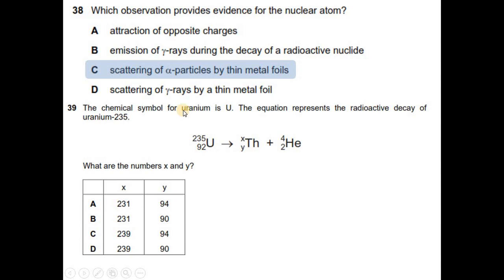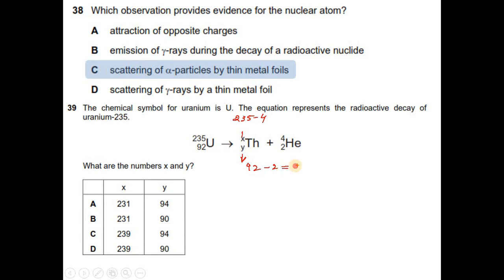39. The chemical symbol for uranium is U. The equation represents the radioactive decay of uranium 235. This is the equation for the decay process. What are the numbers X and Y? A typical question. We have to balance all the numbers on either side of the arrow. So X should be 235 minus 4, and Y should be 92 minus 2.